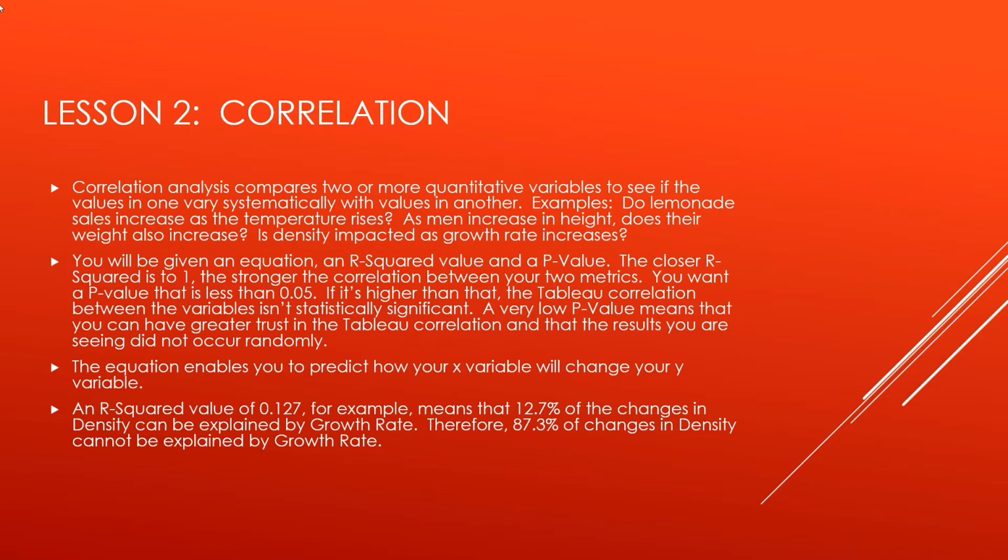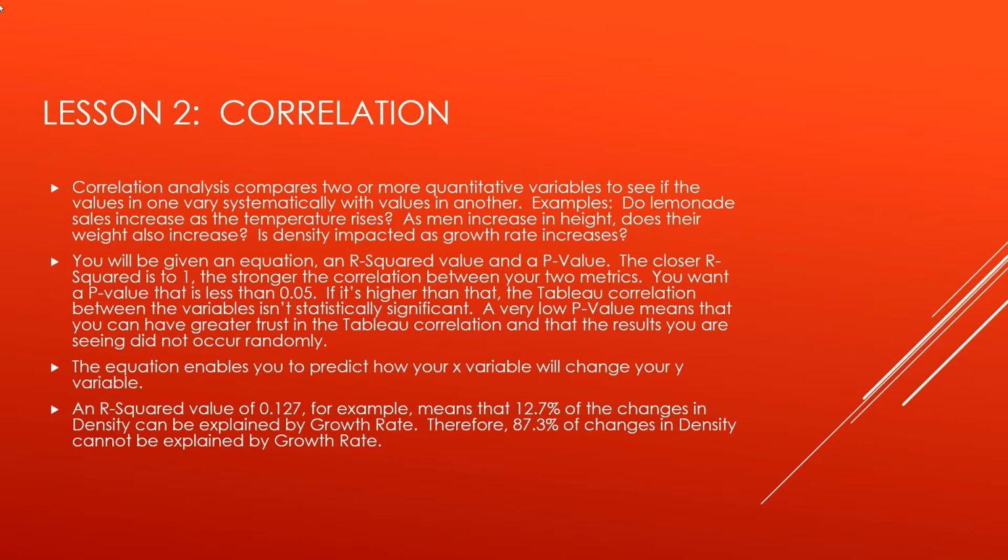If it's higher than that, that means that the Tableau correlation between the variables isn't statistically significant. A very low p-value means that you can have greater trust in the Tableau correlation and that the results you're seeing did not occur randomly. In other words, it really is a good correlation and you can trust it.